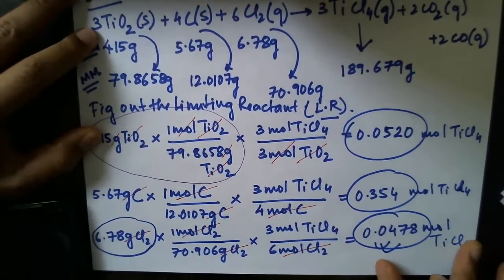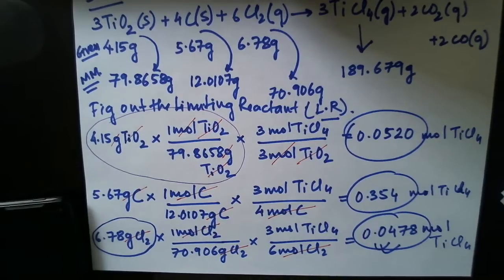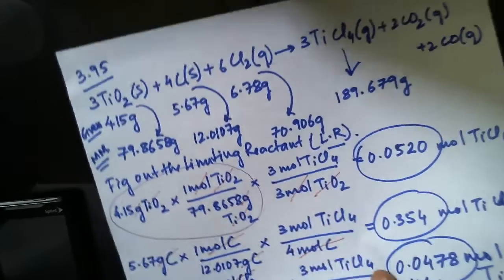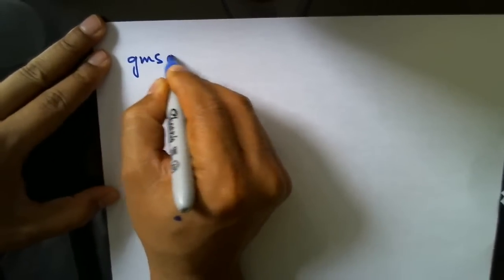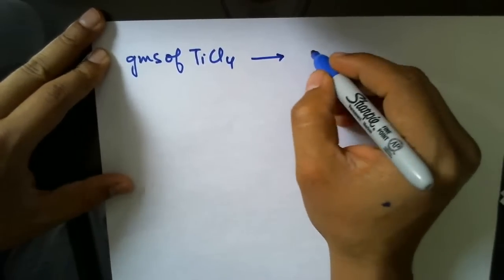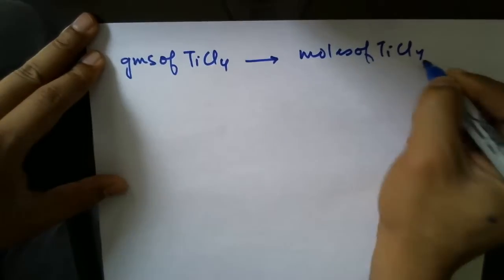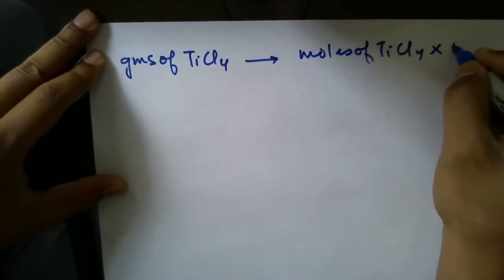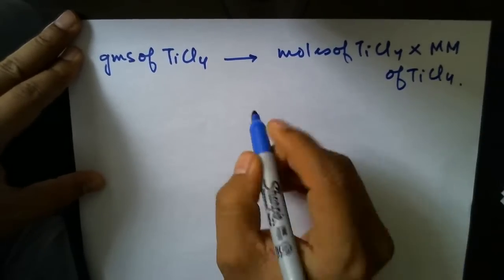So what I'm going to do is I'm going to switch pages right now, because you need to calculate how many grams of titanium tetrachloride is formed. Let me see if I'm correct. How many grams of titanium tetrachloride can be produced? So to calculate grams of titanium tetrachloride, what you got to do is you got to take the moles of titanium tetrachloride and you got to multiply that by the molar mass of titanium tetrachloride.